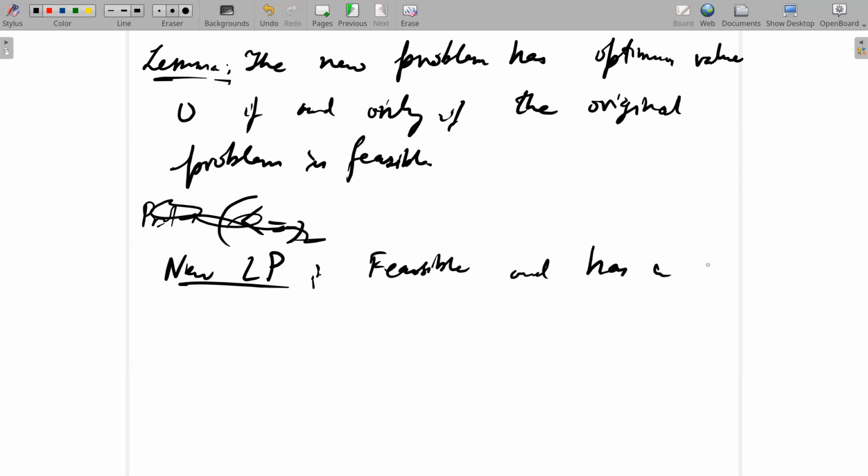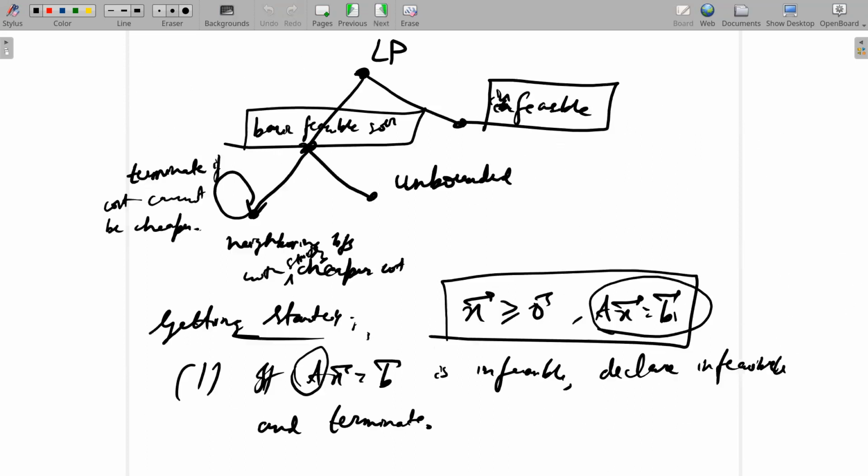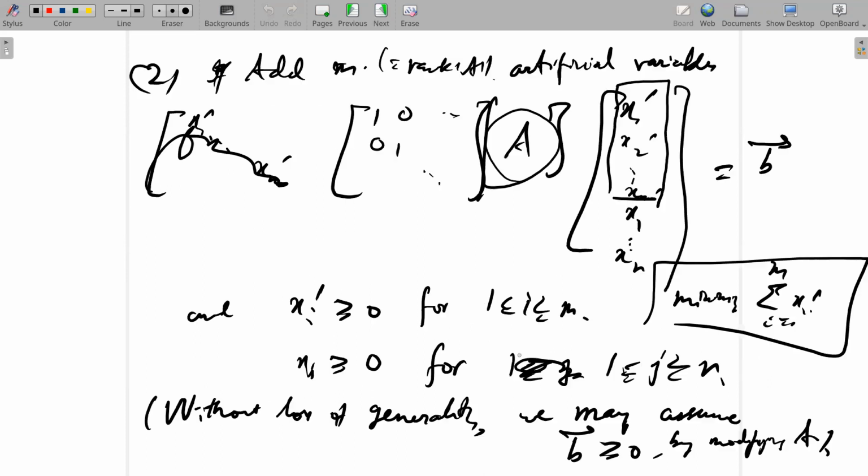So not only is it feasible, you can actually get a BFS immediately. So the BFS is b1 through bm and the rest 0. So in fact, not only do you conclude it's feasible, but you also find a basic feasible solution.